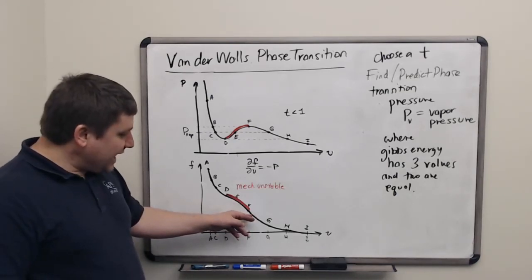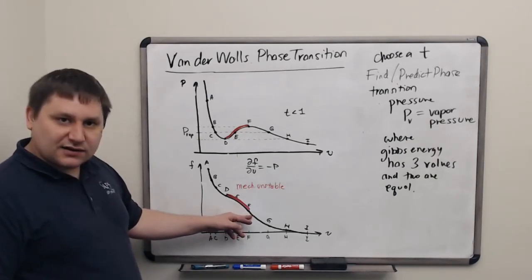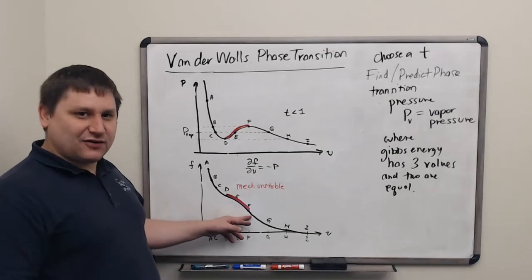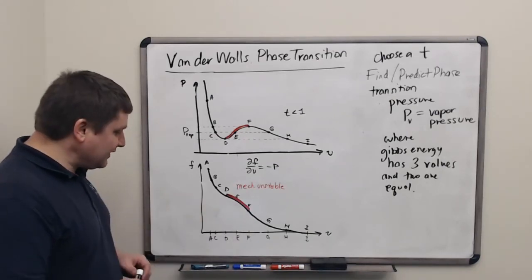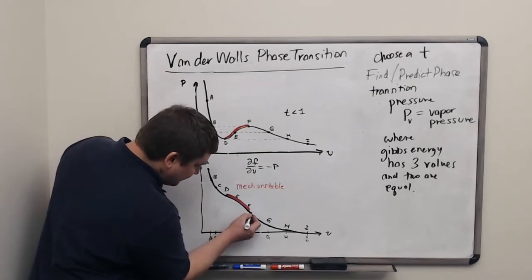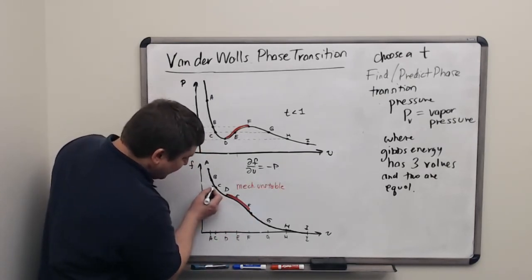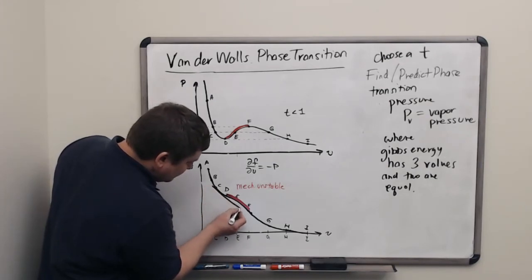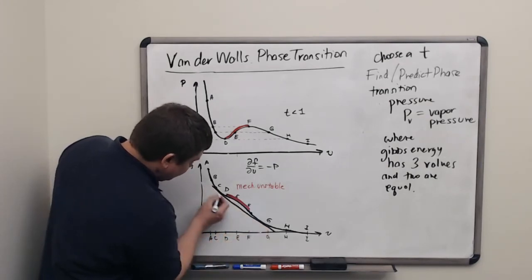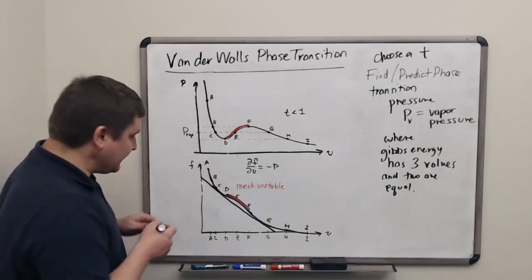But we actually could get a decrease in our energy by doing something clever. What's the clever thing that we can do? Well, rather than sit at this value here, which might be rather high, this system could form a mixture between two other points on this curve.